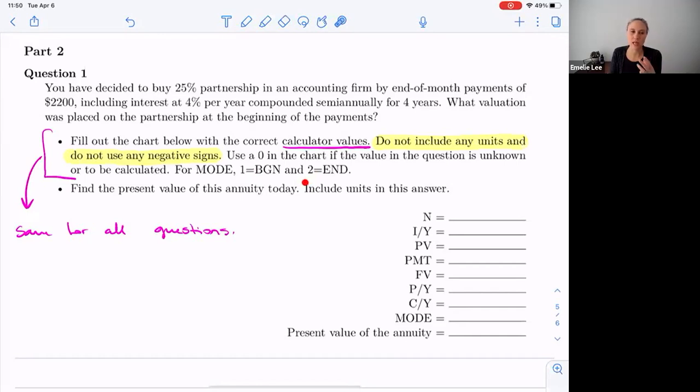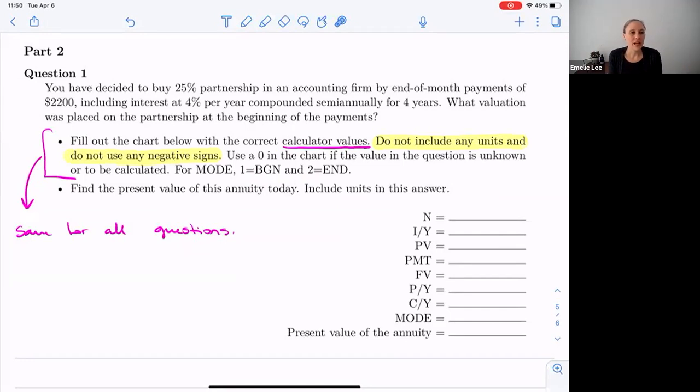Just as a heads up, for parts 2 and 3, the mode is 2. And then for part 4, the mode is 1, because annuities due are in part 4. So this is what you kind of have to absorb and take as the rules of the road, so let's get this done.